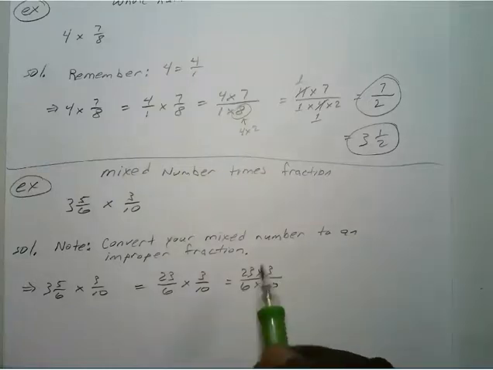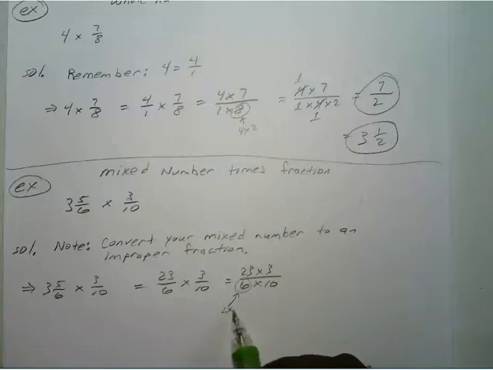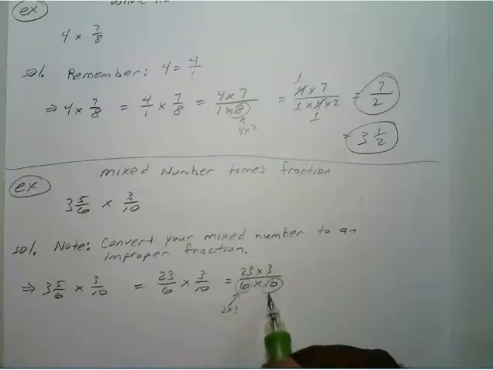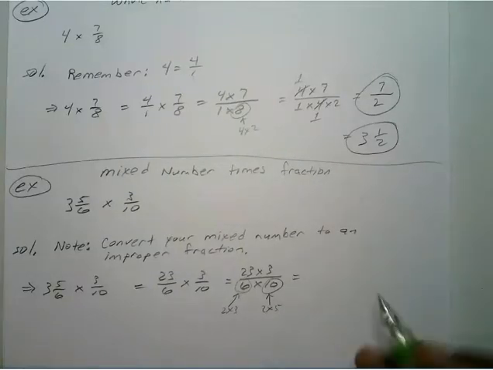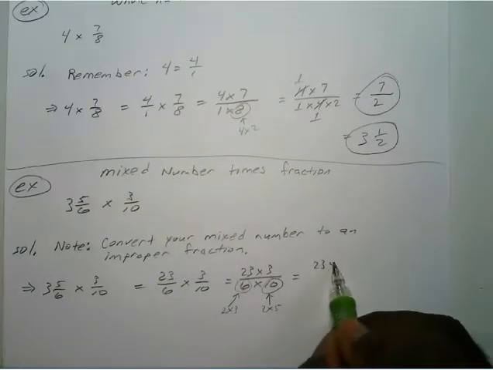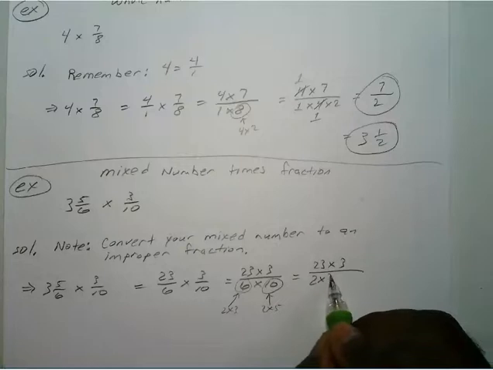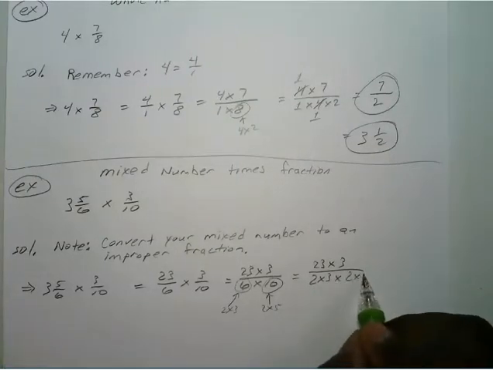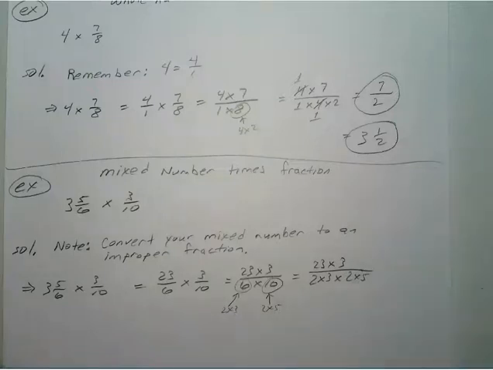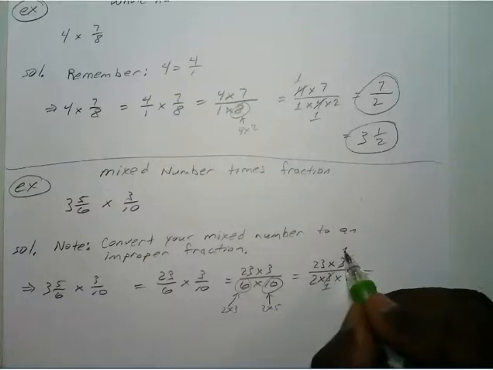Okay, so remember, 6 is 2 times 3, and 10 is 2 times 5. So we have 23 times 3 over, instead of 6, we put 2 times 3, times 10, instead of 10, we put 2 times 5. Okay, so you can see here, the 3's cancel out.